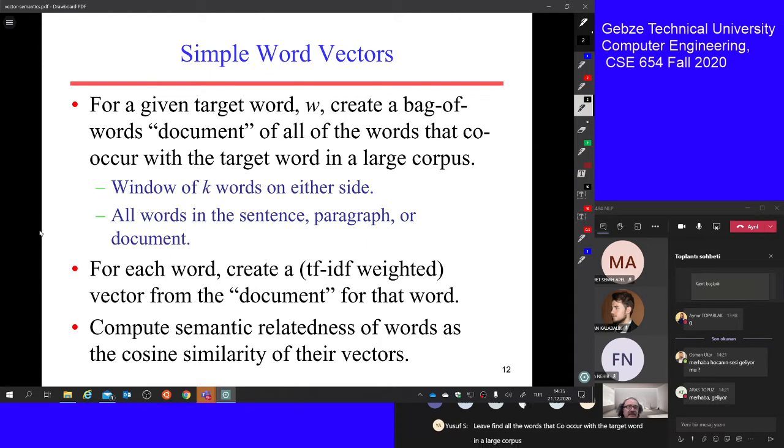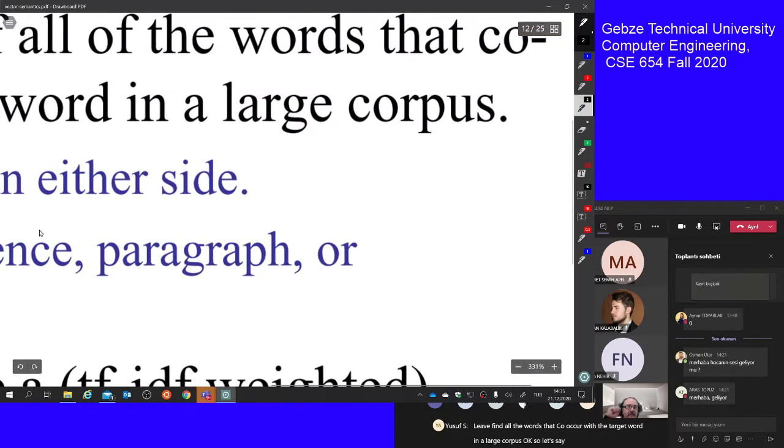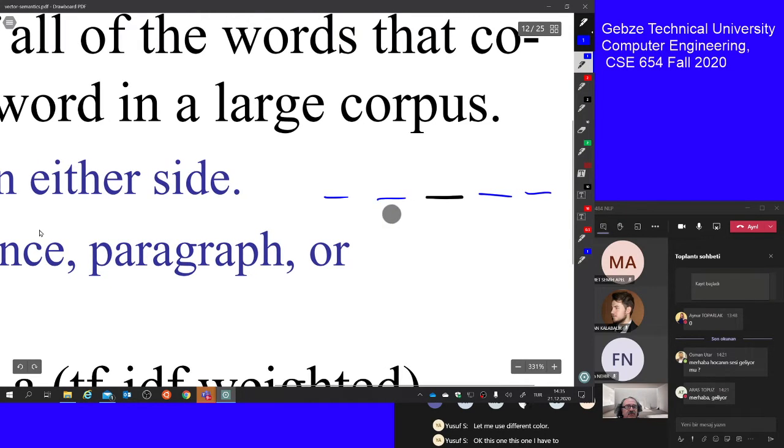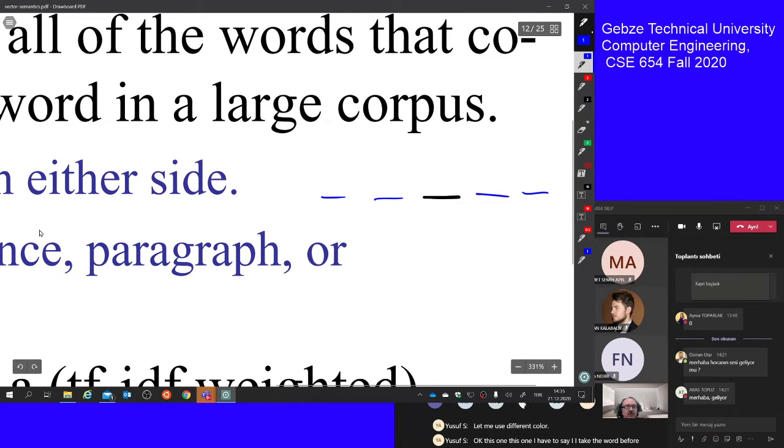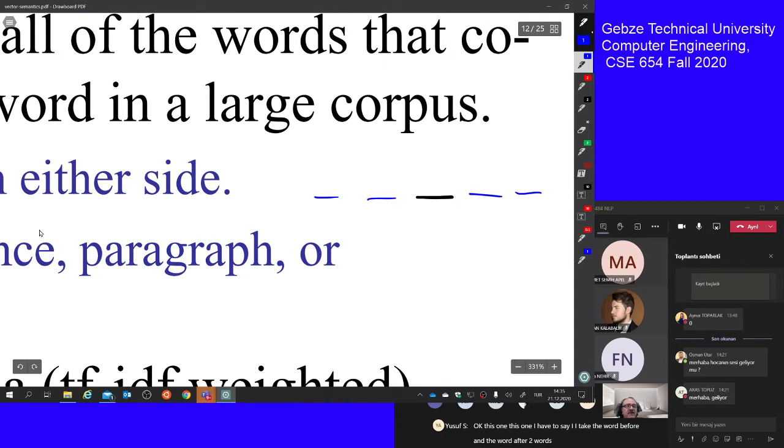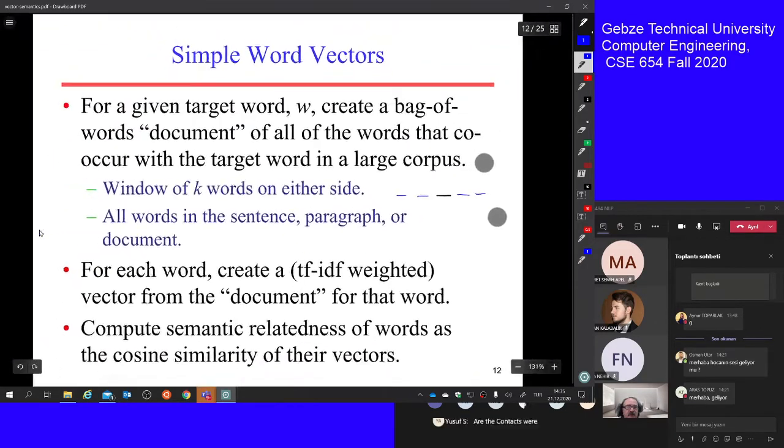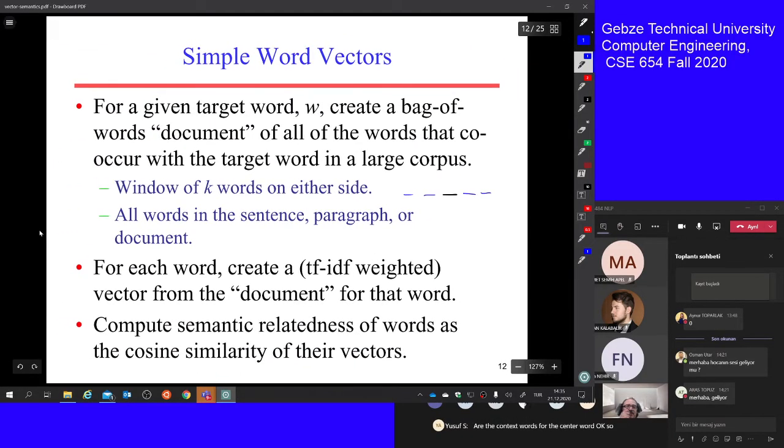So let's say I have this word, and I take the word before and the word after, 2 words before and 2 words after. These 4 words are the context words for the center word. So that's what we do.